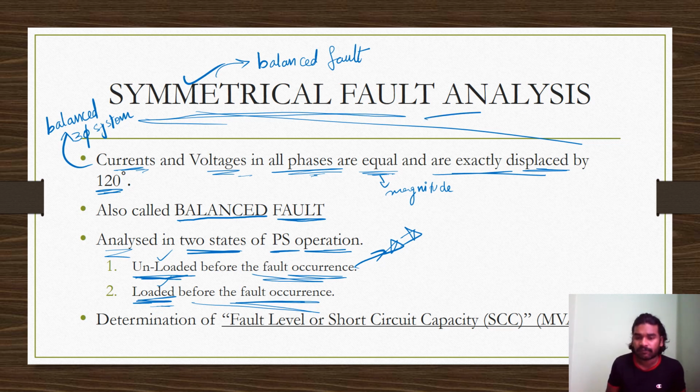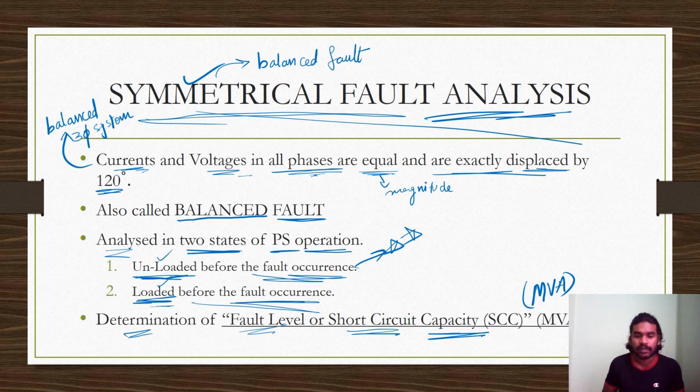Symmetrical fault analysis involves determination of the fault level, or short circuit capacity, which is measured in MVA in the power system. Determination of fault level or short circuit capacity in a power system is what symmetrical fault analysis is basically concerned with.